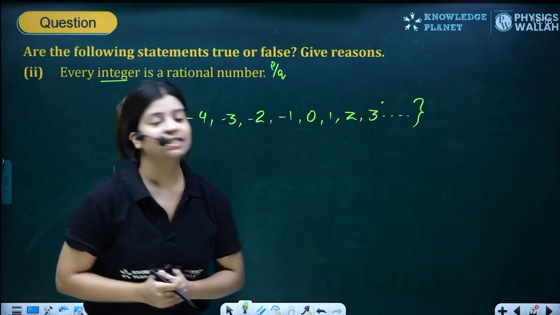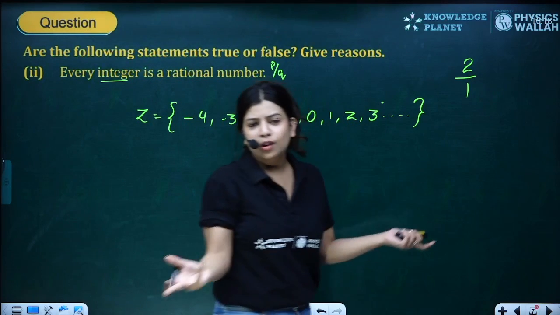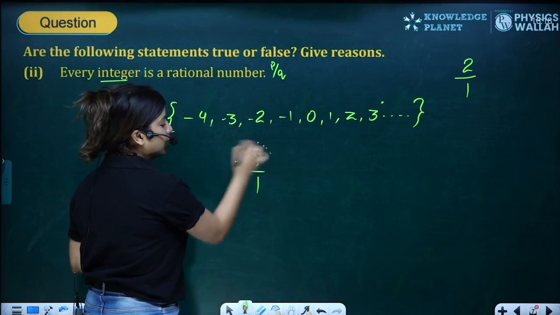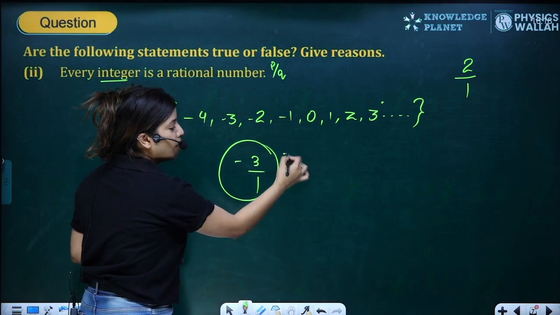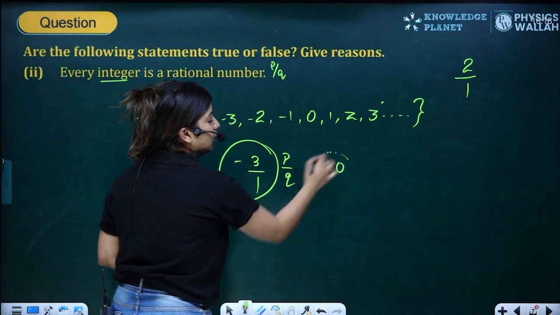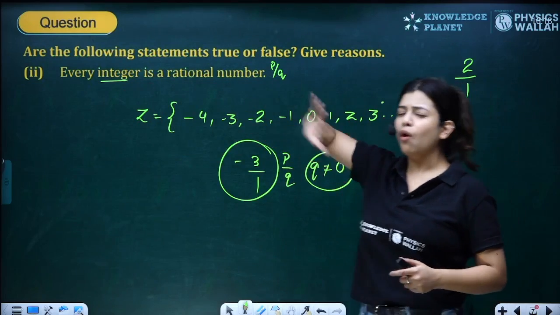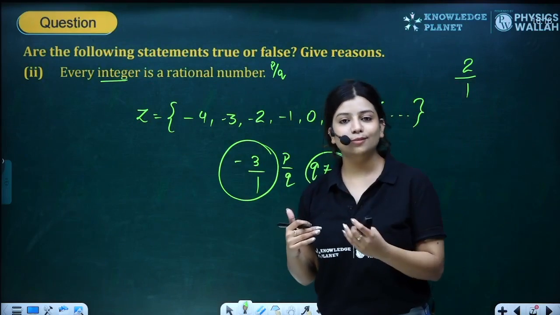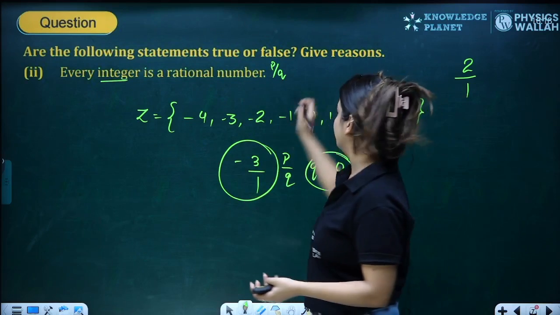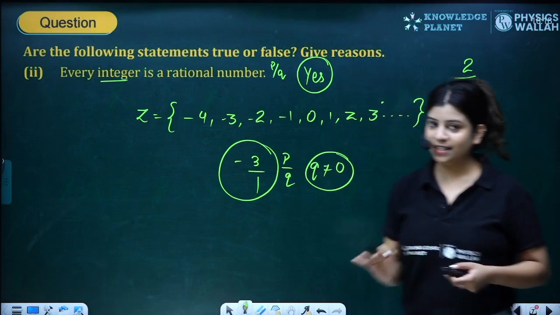You can write 2 as 2 by 1, that will not change anything. You can write minus 3 as minus 3 by 1. So this is in the form p by q where q is not equal to 0. So yes, every integer is a rational number. This statement is true, a correct statement.